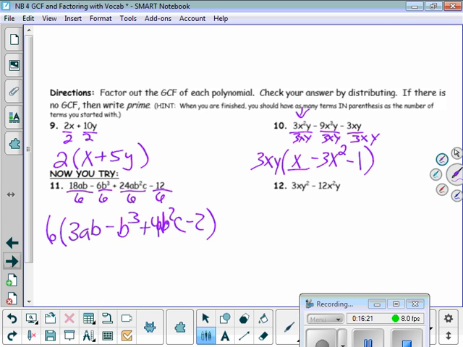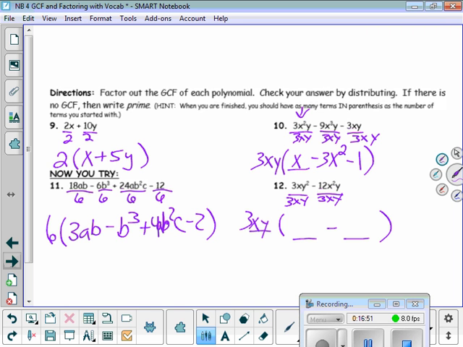Next one. What do they got in common? They got more than that in common. Figure it out, do it. I got a 3, I got an x, and I got a y, which means I'm going to divide each one by that.